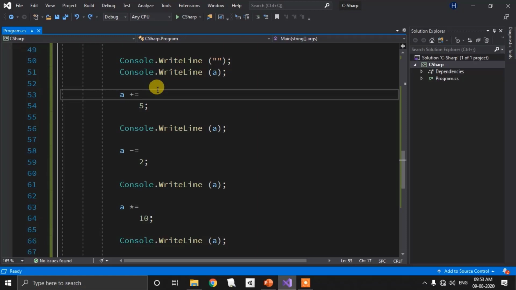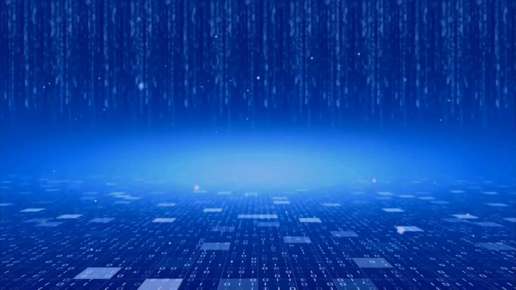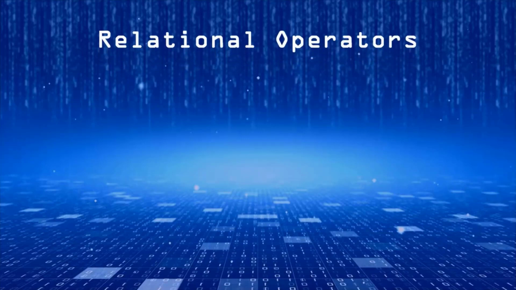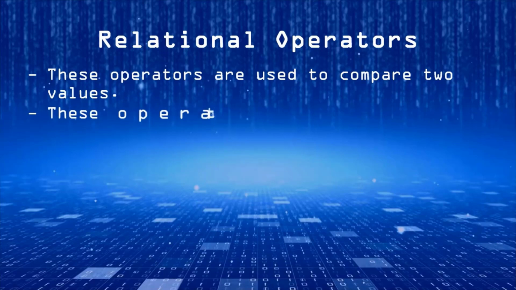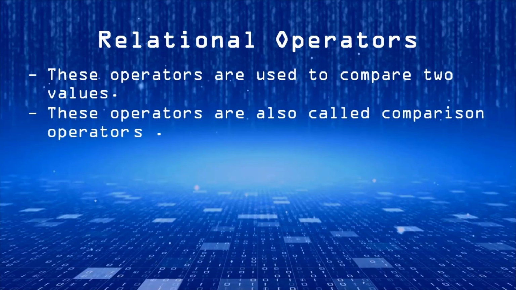So let us understand the next type of operator: relational operators. These operators are used to compare two different values. They are also called comparison operators because they compare two different values.